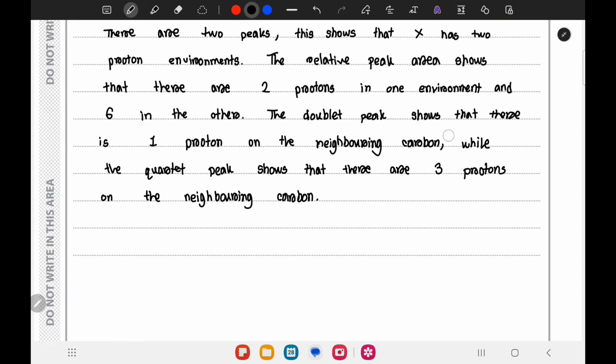We can have an S in a bracket since it's the sum of all the protons on neighboring carbons. So if these 2 hydrogen had 2 neighboring carbons, we'll calculate the number of hydrogen in both of them. So we can write a plural carbon over here as well. And then we talk about while the quartet peak is showing that there are 3 protons on the neighboring carbon.